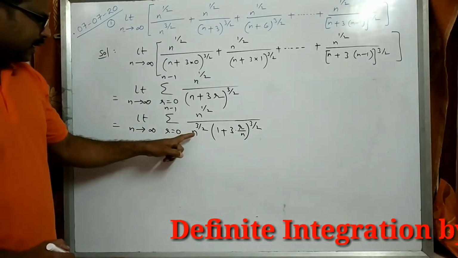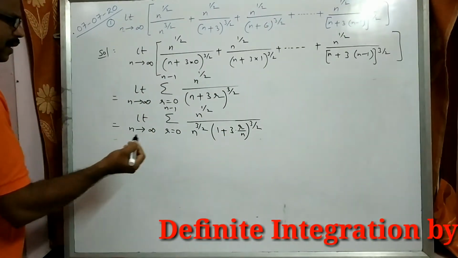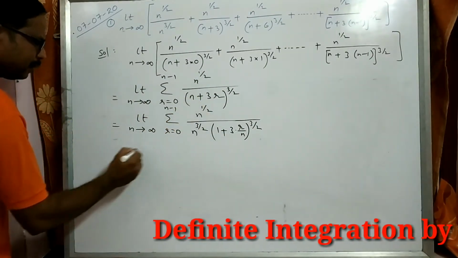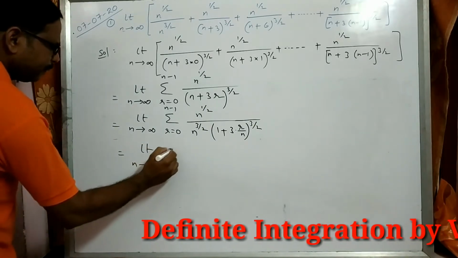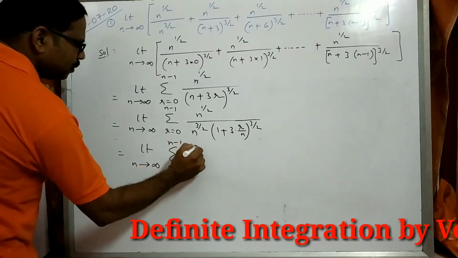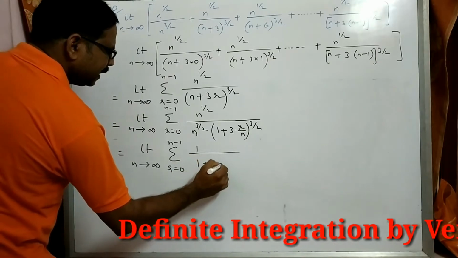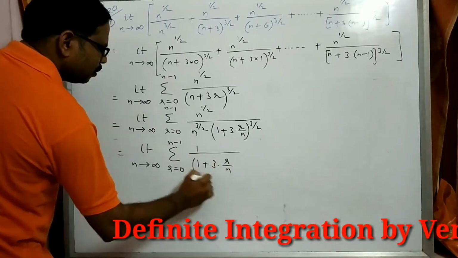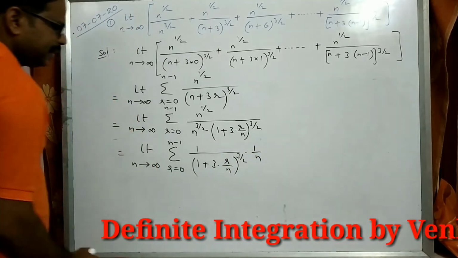Now here n power 3 by 2 can be written as n into n power 1 by 2. So n power 1 by 2, n power 1 by 2 gets cancelled. Then what is remaining? Summation r equal to 0 to n minus 1, 1 by 1 plus 3 into r by n whole power 3 by 2, 1 by n separately.